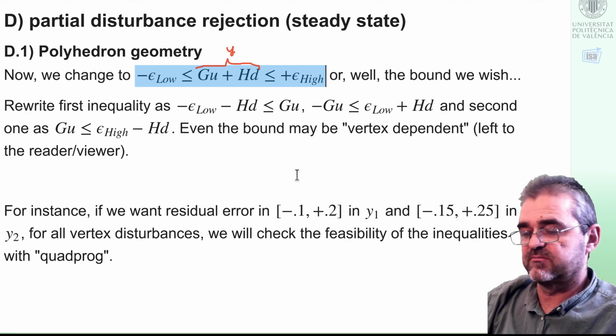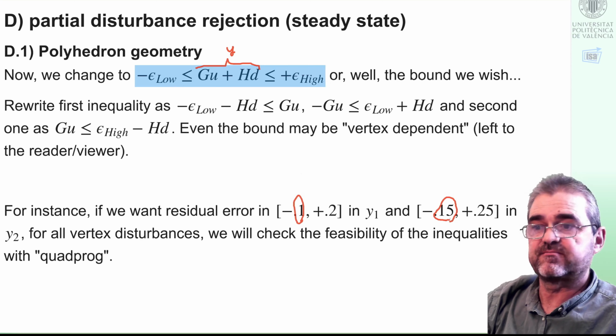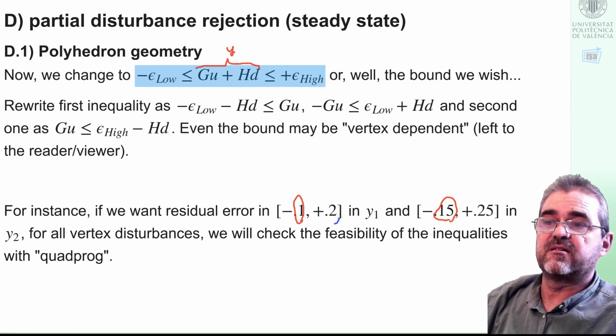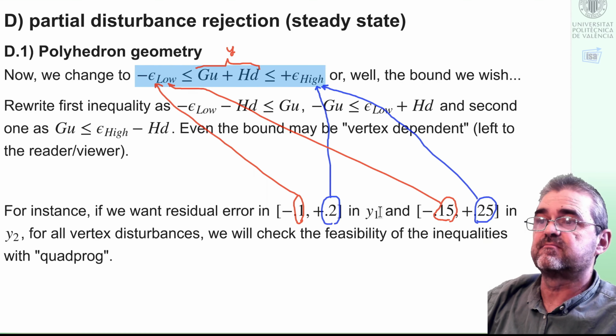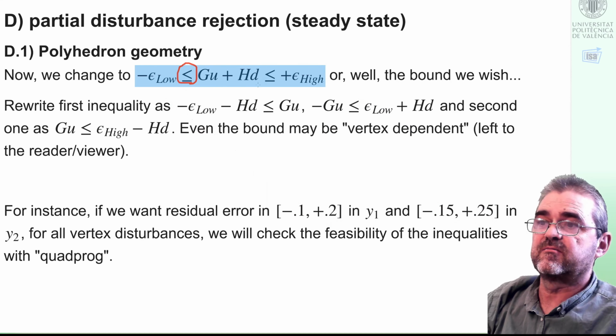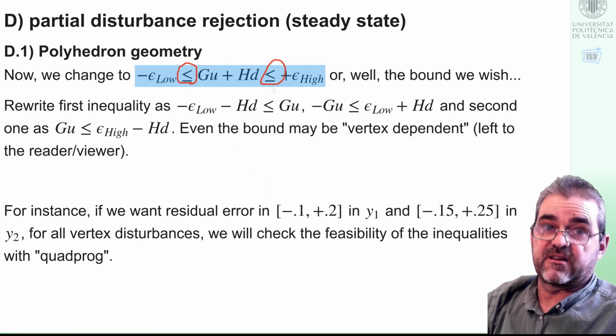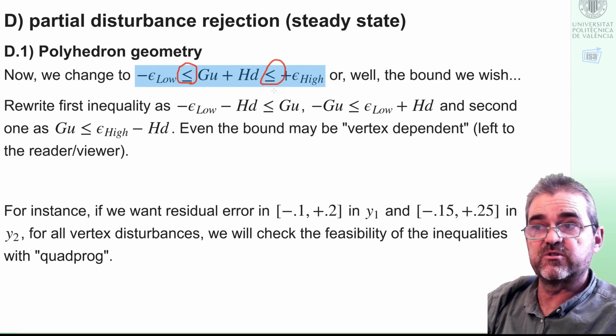So epsilon low will be built with 0.1 and 0.15, and epsilon high will be 0.2 and 0.25. Good. The thing is that we have two inequalities here, and in fact they are 4 inequalities because we have 2 inequalities for each output.